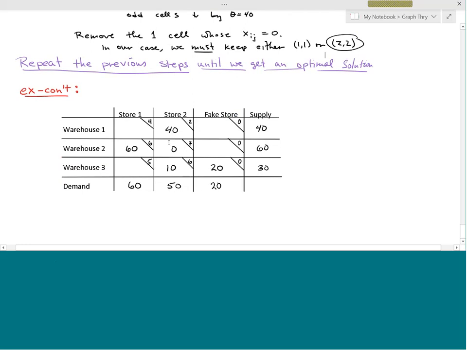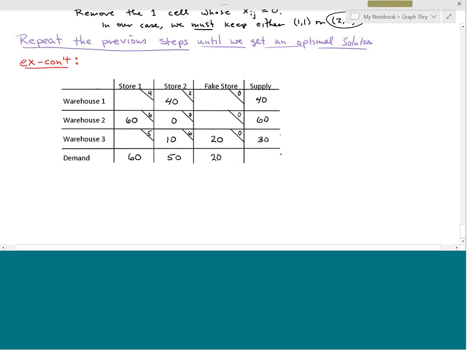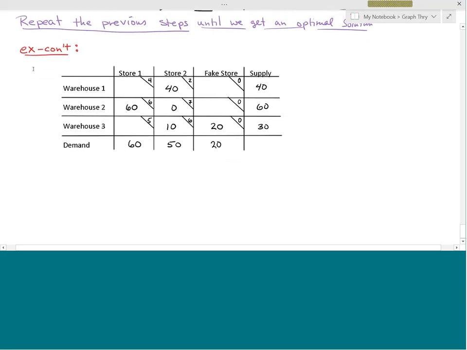So these 5 cells right here correspond to a spanning tree in our underlying graph, even though we technically put a 0 on that edge in terms of how much goods we shipped across it, okay? So that is a trick that does happen to make sure the algorithm works just fine in this particular Tableau situation, okay? At this stage, you then repeat the process until we get to an optimal solution.